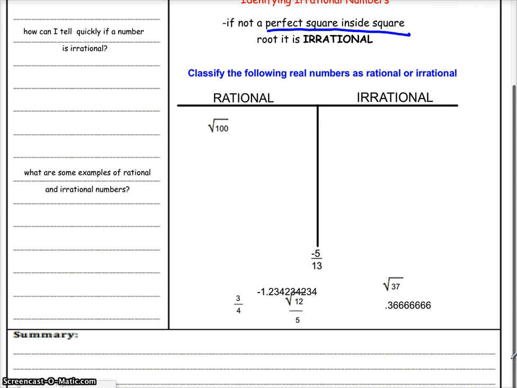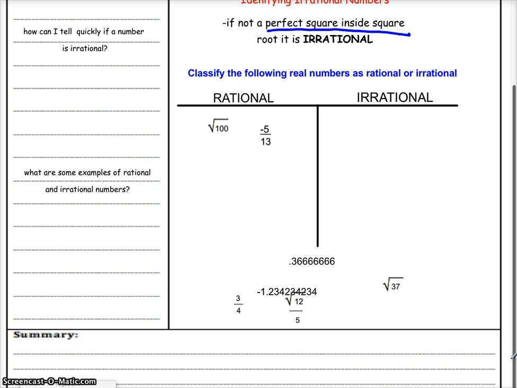-5/13, rational or irrational? Well, rational is anything you can write as a fraction. It already is a fraction, so it's rational. Or 0.3 and then repeating the 6.